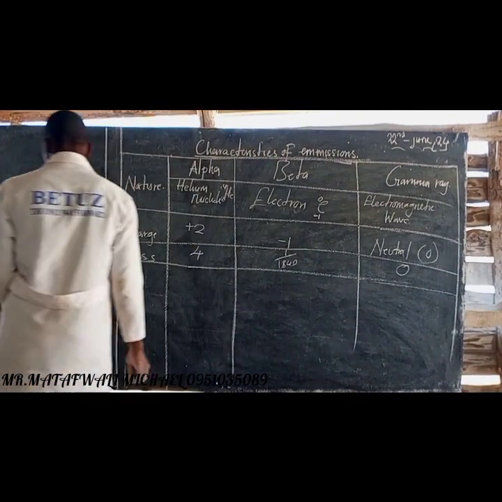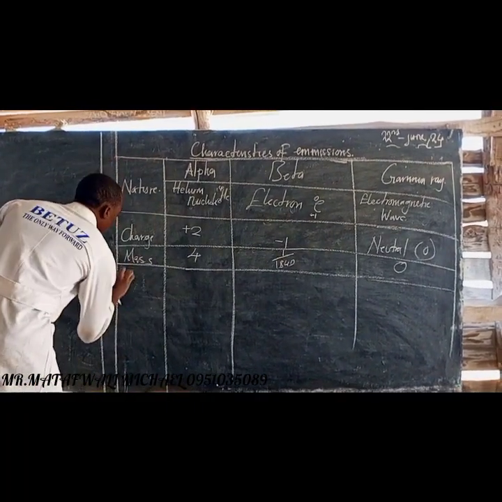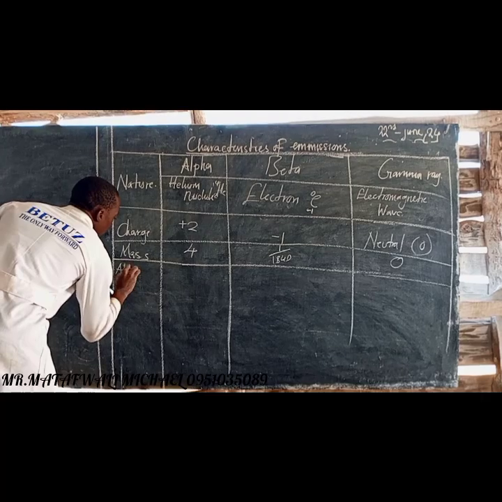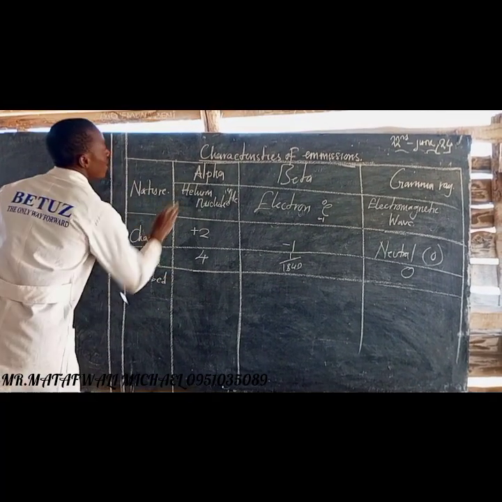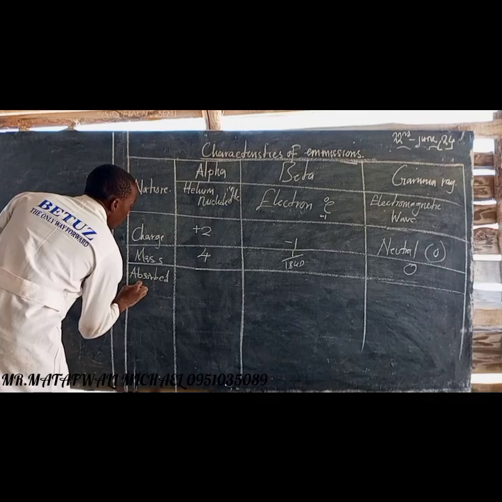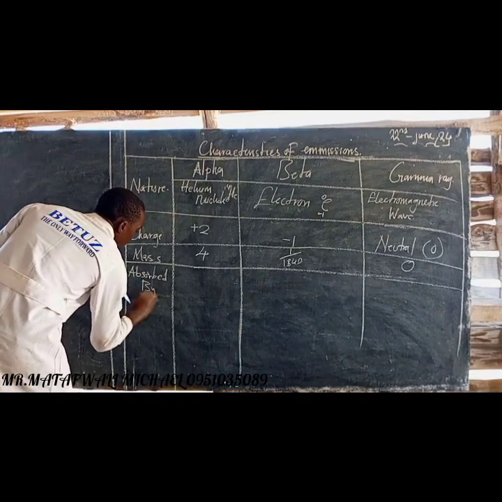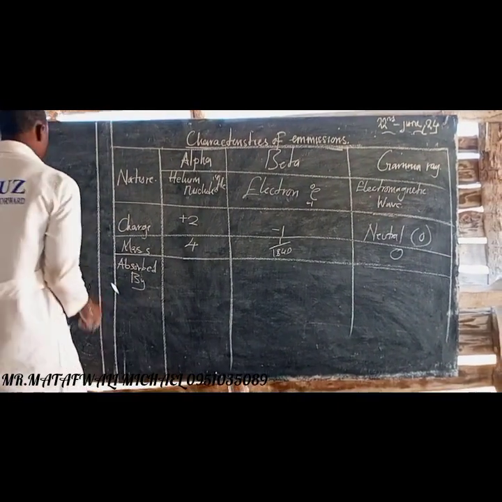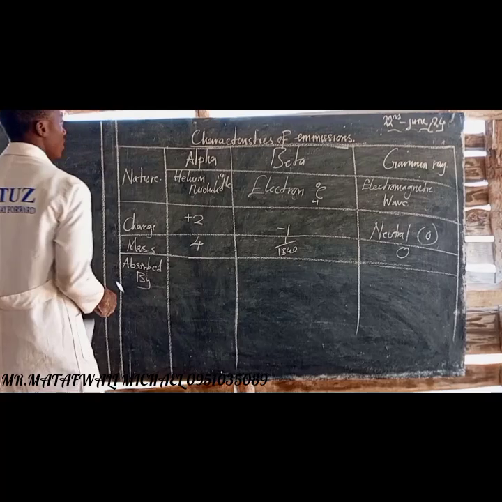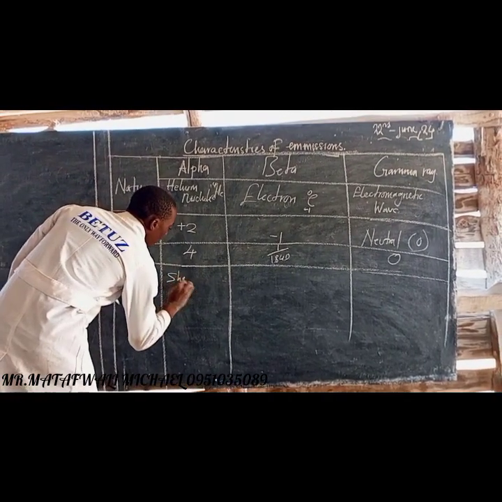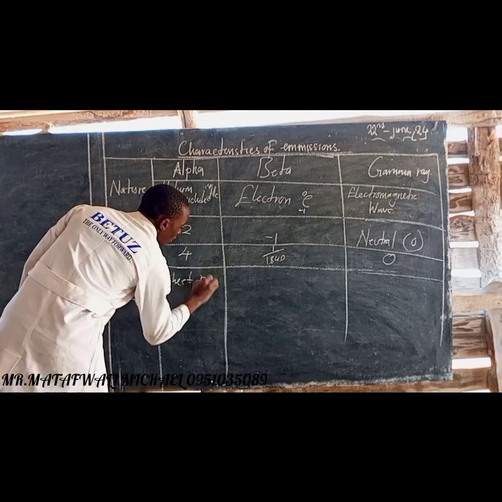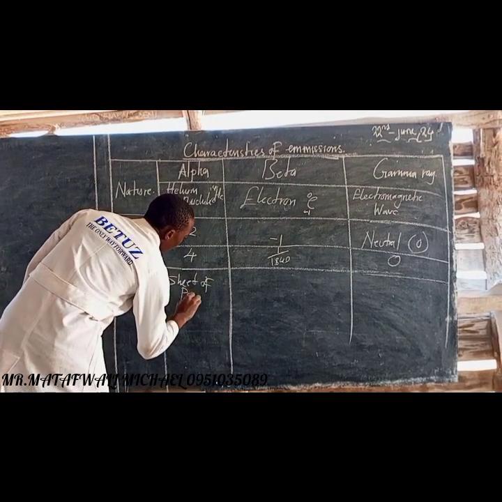Then we are going to move on to absorbed by, the substances which can absorb these emissions. An alpha particle is absorbed by simply a sheet of paper.